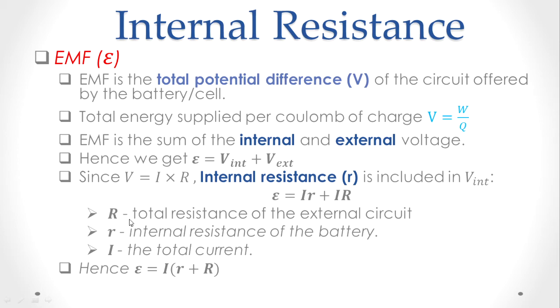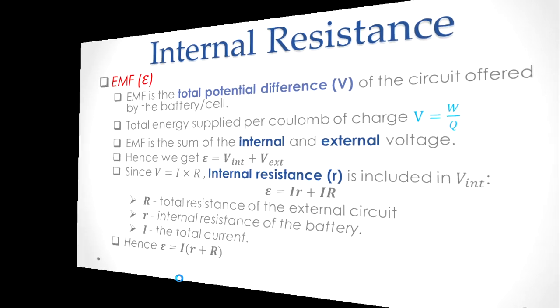They symbolize the external resistance of the circuit, the internal resistance of the battery, and the total current. And that is also another way of representing EMF. So depending on your scenario, depending on what is asked, what the unknowns are, you could use any one of these different formulas depending on the specific scenario, as we'll have a look at a little bit later in the video.